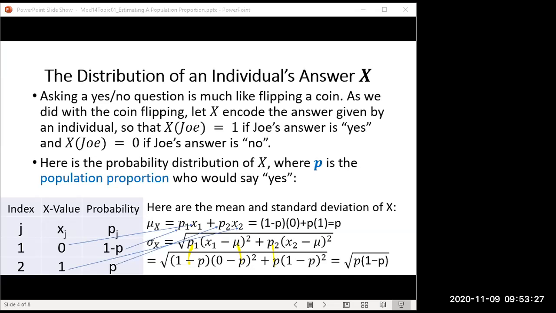So there are all these replacements, and it's a mess underneath the square root, but you multiply it all out with FOIL and the distributive property, and you combine like terms, and you simplify it down, and the final result isn't so complicated. It's just p times 1 minus p.